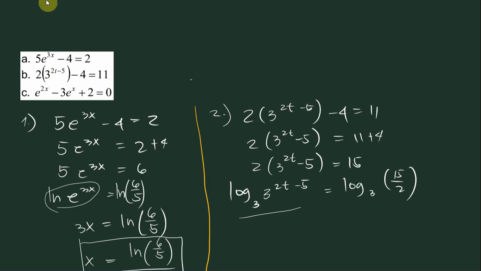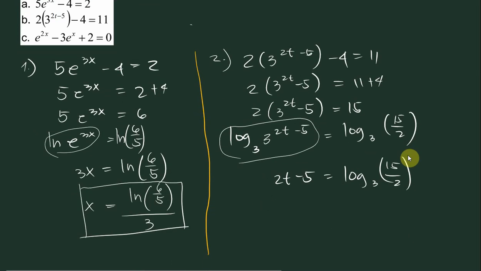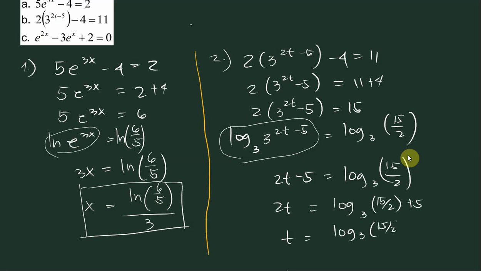And then we know that from the inverse property, this will result to 2t minus 5, and then we will get log base 3 of 15 over 2. And then we add 5 to both sides. And then we find t by dividing both sides by 2. Okay, so that is your answer.